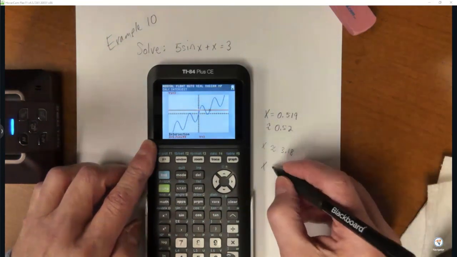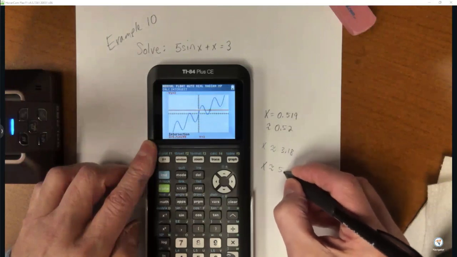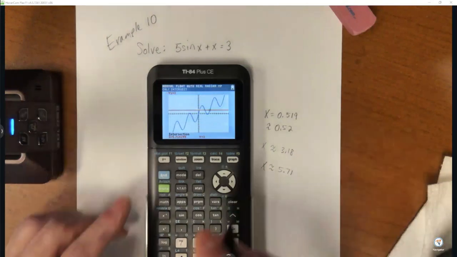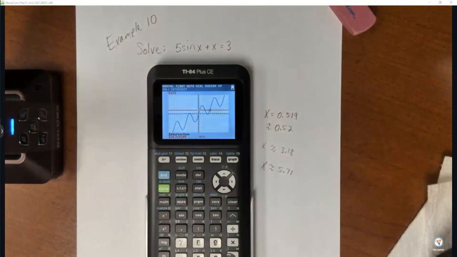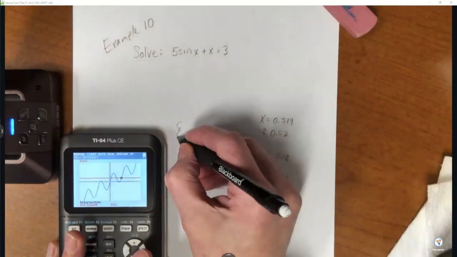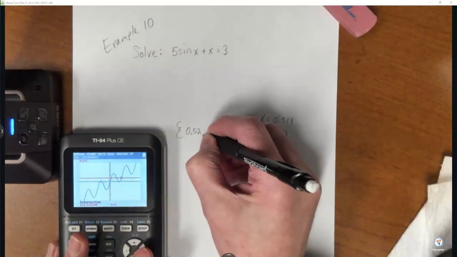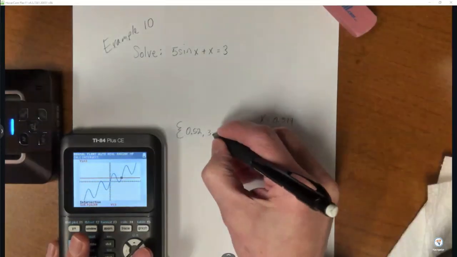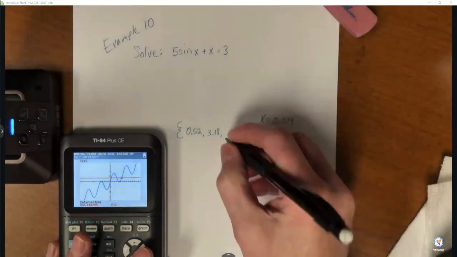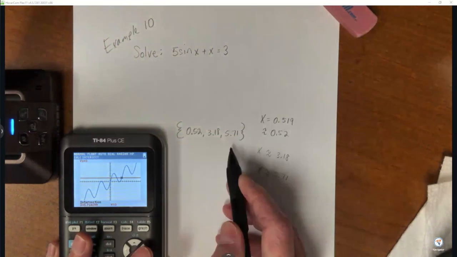Okay, and for this last one, we get an x about 5.71. Okay, so our solution set is going to be 0.52, 3.18, and 5.71. And those are our answers, the angles in radians.